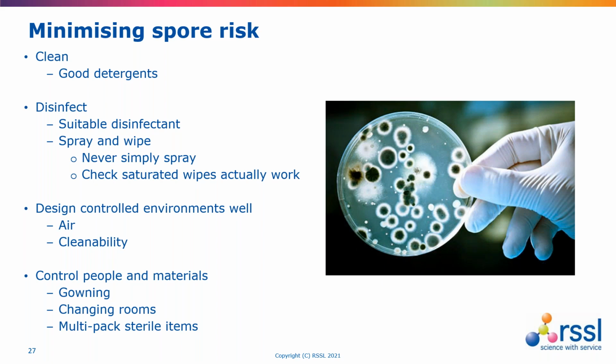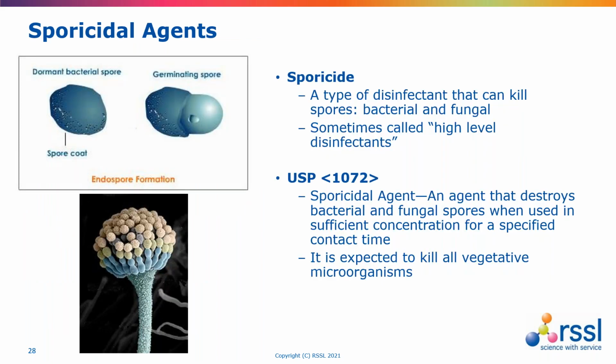Having good air distribution, having well-designed cleanable surfaces, and focusing on people, and using pre-sterilized multi-pack items, as Annette mentioned earlier, the single-use drive is also quite important. But the central mechanism is the sporicide.